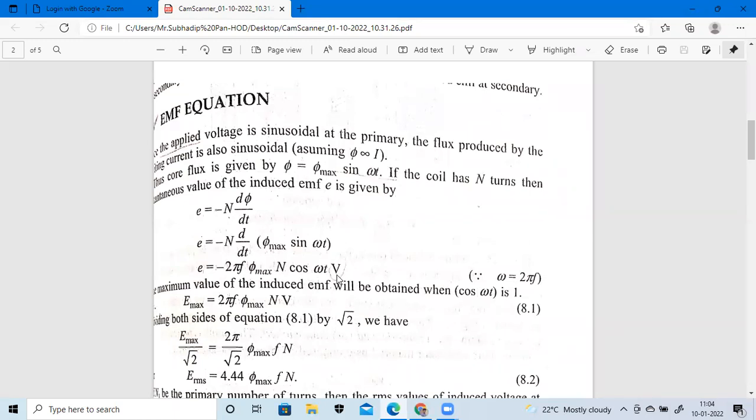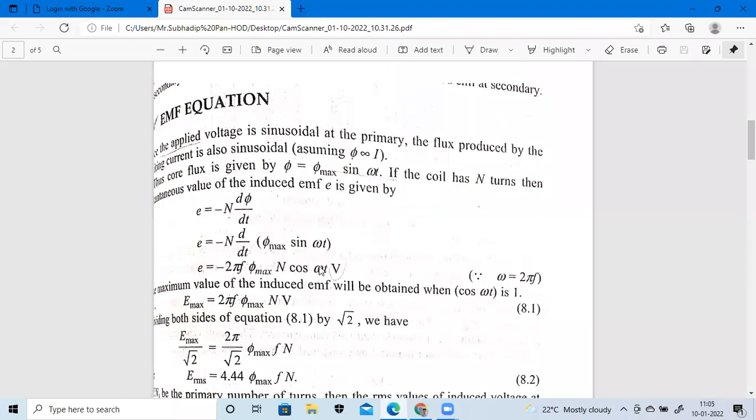This equation, EMF induced equal to minus 2 pi f phi maximum N cos omega t. This cos omega t you can write as sin omega t minus pi by 2. If you take the minus common from the sin omega t minus pi by 2, this minus and that minus cancel out.